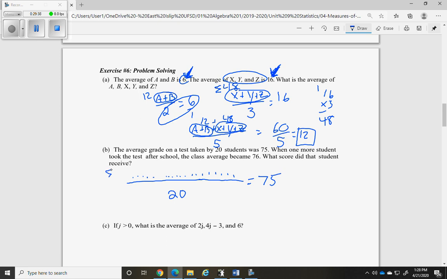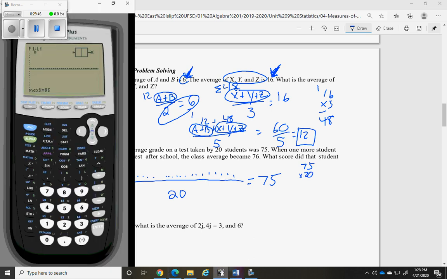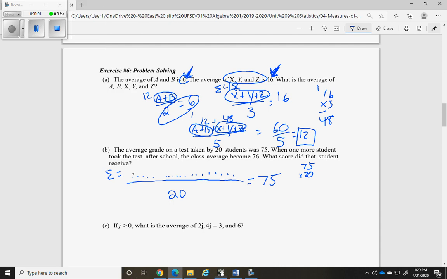So I can find the sum of these 20 students by doing 75 times 20. I don't really need my calculator for that. I know this is 1500. And then one more student took the test.